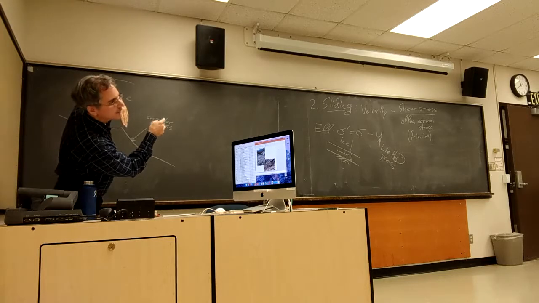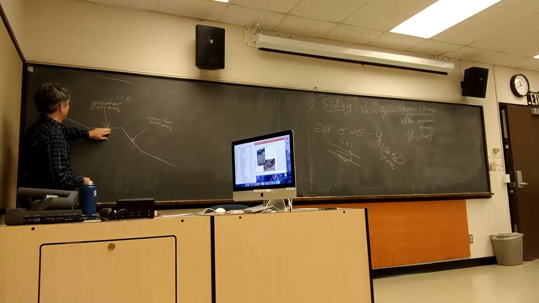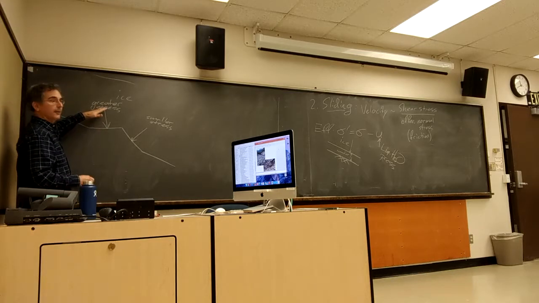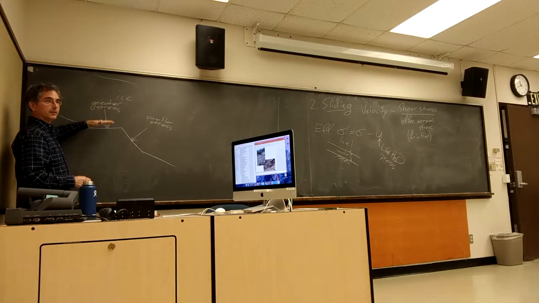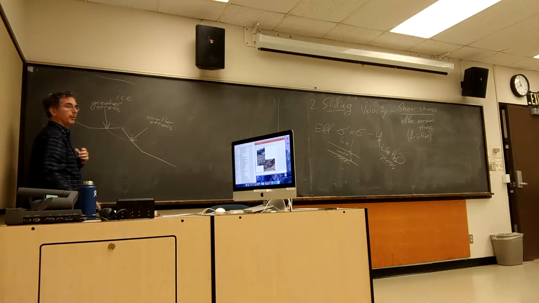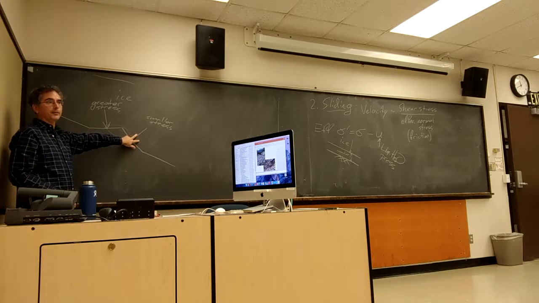Did I run out of time? Yeah, pretty much. Okay. I'll have to finish this up next time, but the short answer is, if I increase the stress, the pressure, here, then the ice melts, and the water flows around and over the bump, gets to smaller pressure over here, and refreezes.